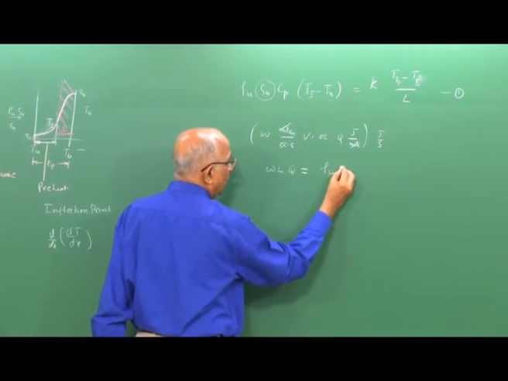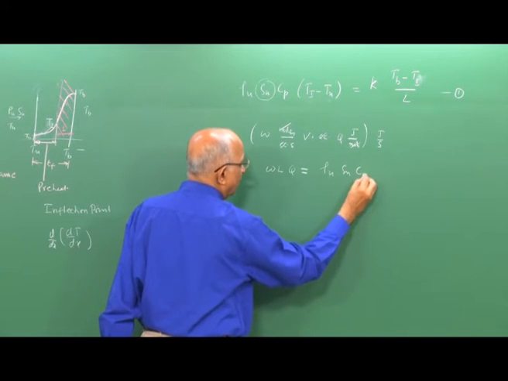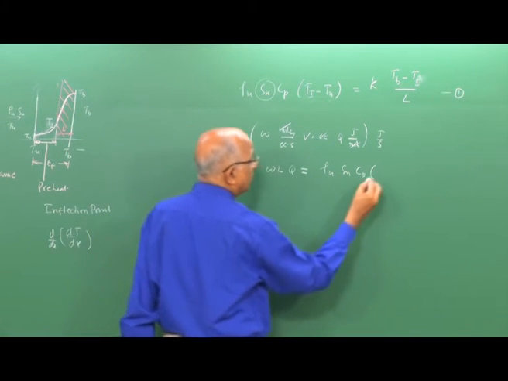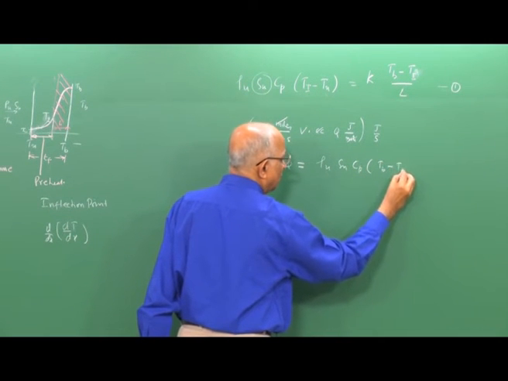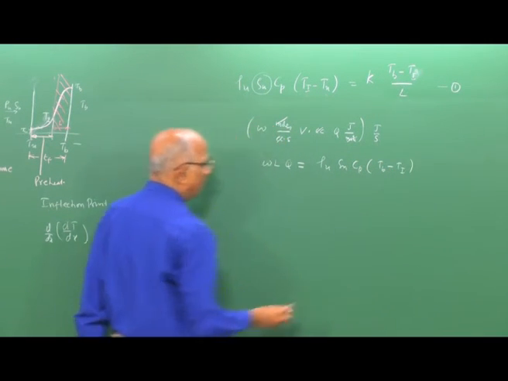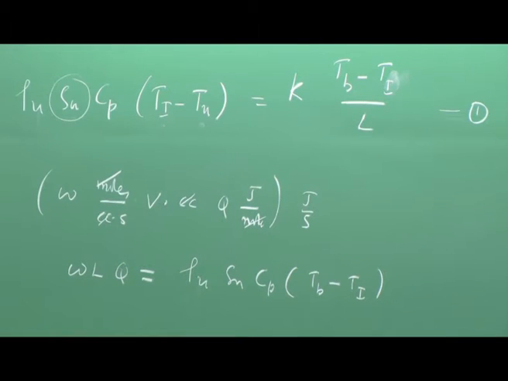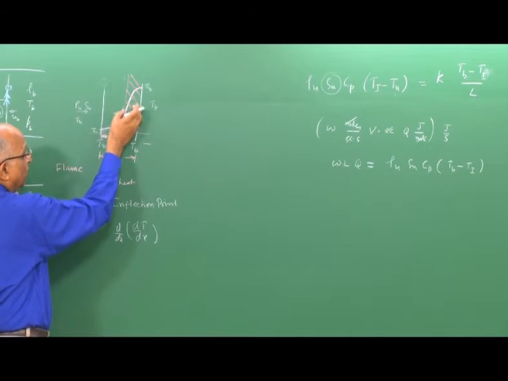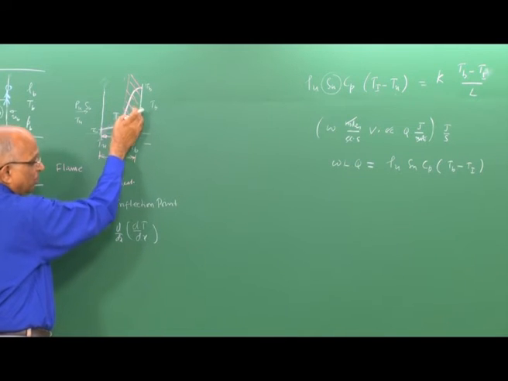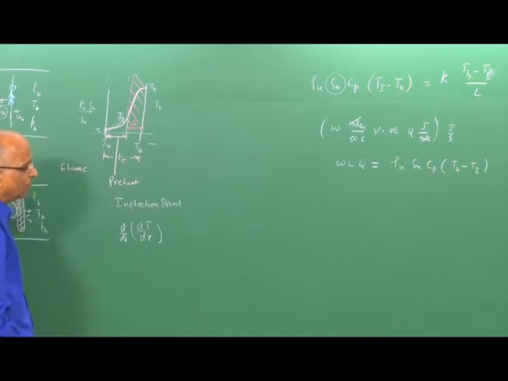I have rho u SU into Cp, and what does it do? It increases the temperature from Tb, burnt gases, from the initial value Ti to this value. That means I have the mass flux of gases coming over here, equal to rho u SU, I am considering unit area, that becomes my mass, into specific heat into change in temperature.